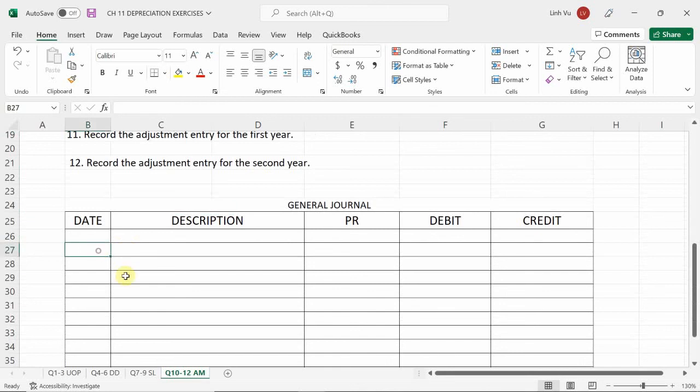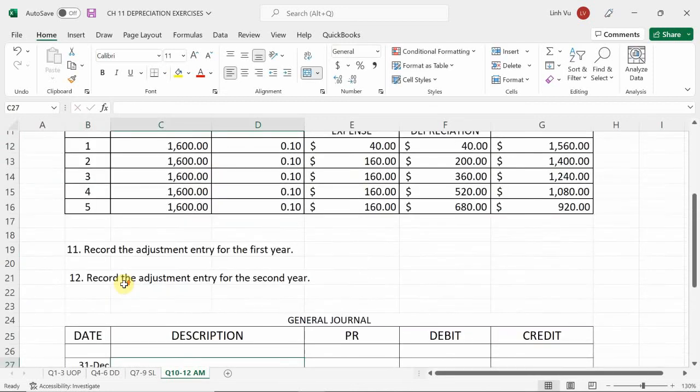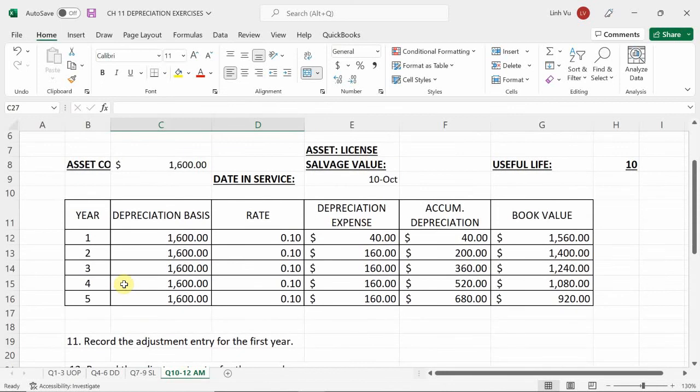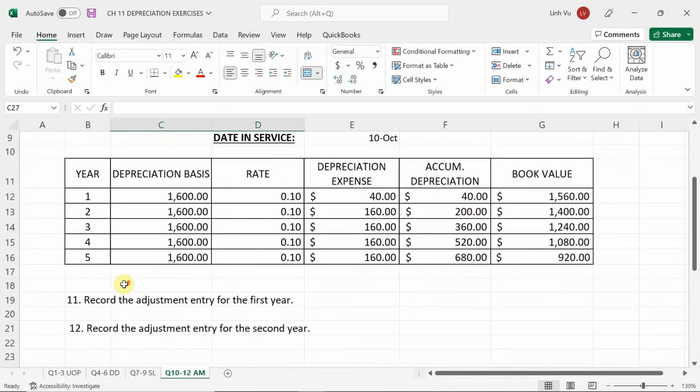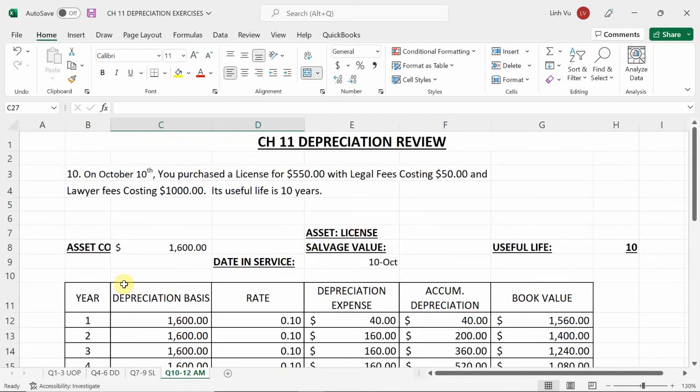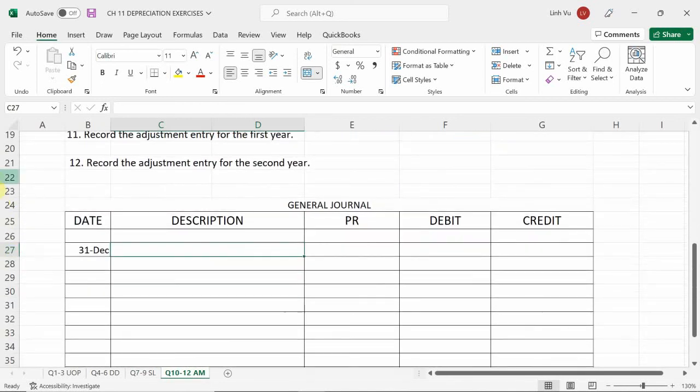Okay. So once again, let's go ahead and do the adjusting entry for the first and second year. So how is my journal going to look this time? Depreciation expense. Not depreciation, right? We're looking at an intangible asset.